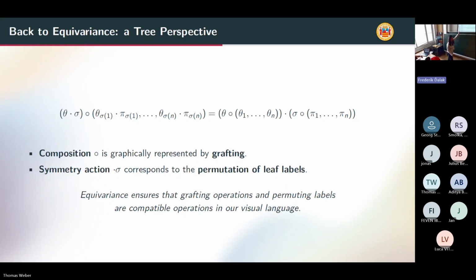Then the left-hand side of the formula is theta dot sigma, composed with theta1 dot p1, theta2 dot p2. And we can picture this kind of formula by means of trees, of course.